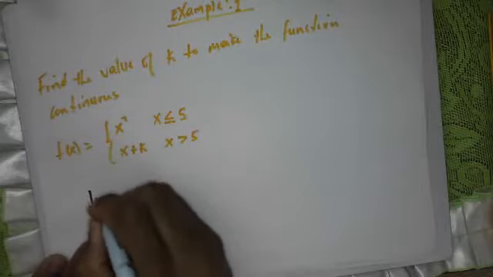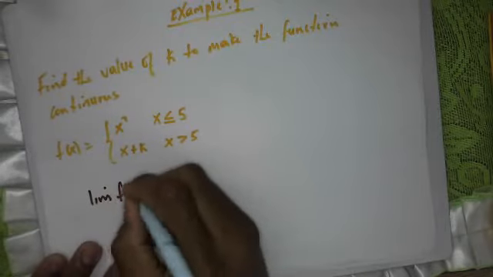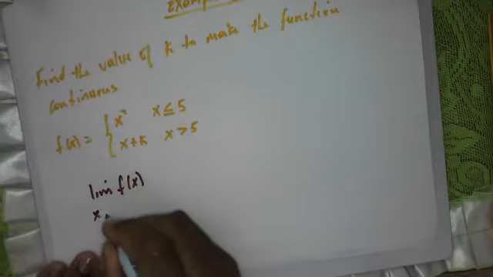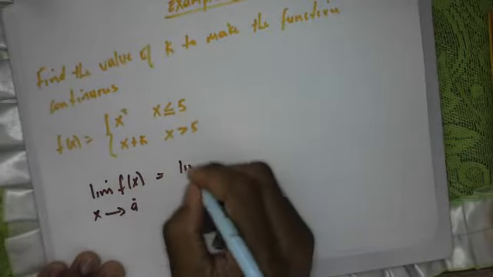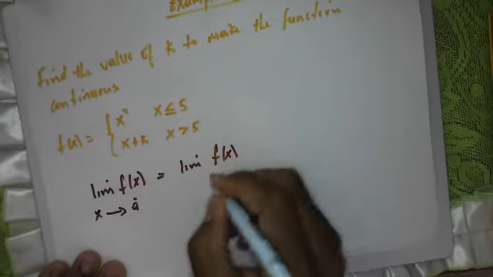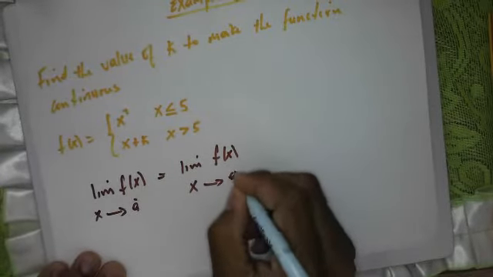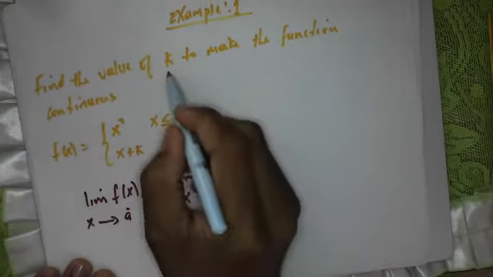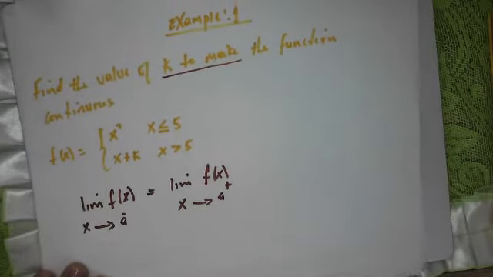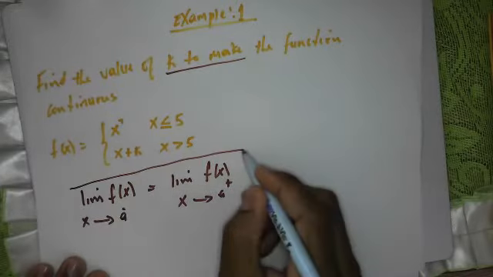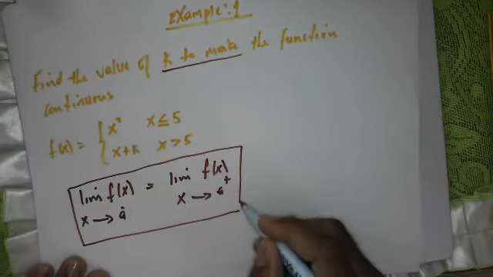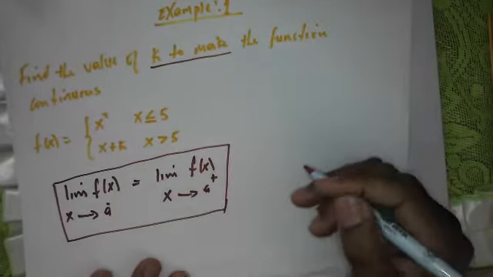The limit of f of x as x approaches a from the negative side equals the limit of f of x as x approaches a from the positive side. Whenever you are finding the value of k or the value of any variable that makes a function continuous, you will always be using this rule here. Okay? Alright, so let's put it into practice.